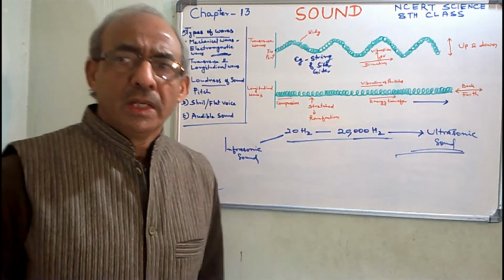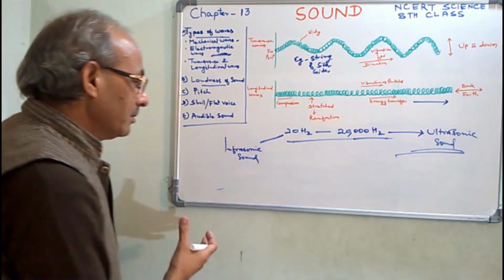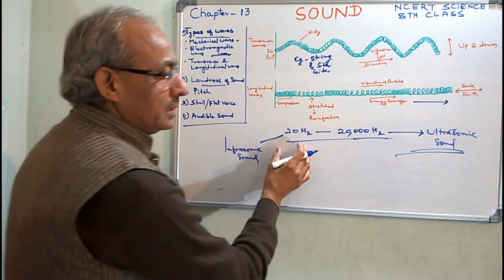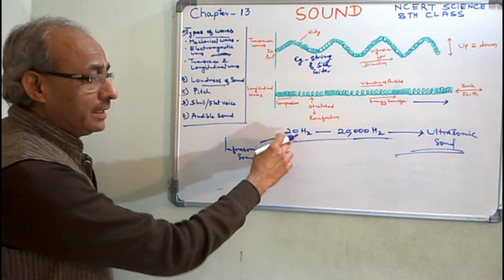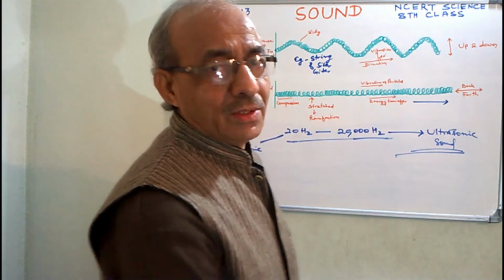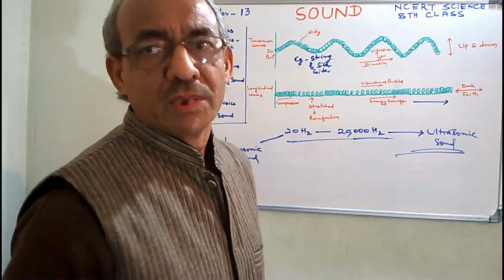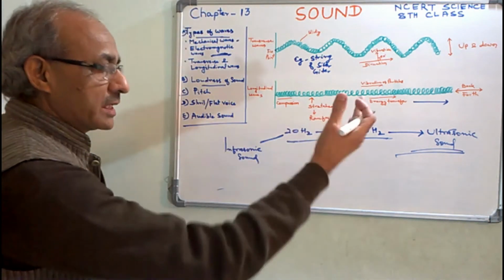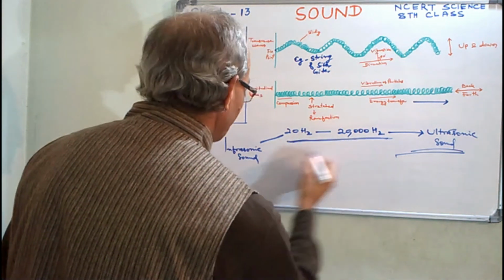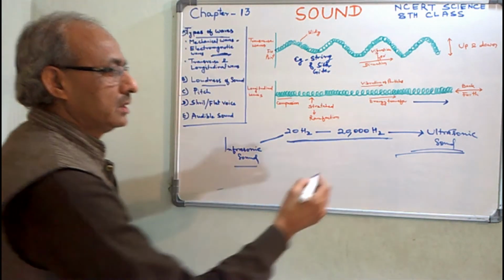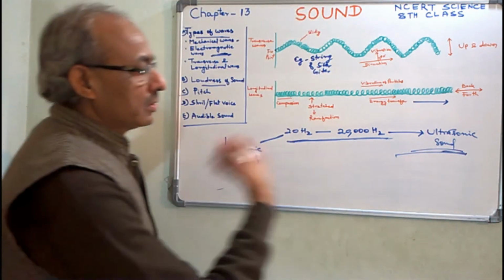Some animals, like dogs, can hear sound less than 20 Hertz and more than 20,000 Hertz. Clear? A dog may hear the infrasonic sound or ultrasonic sound also.